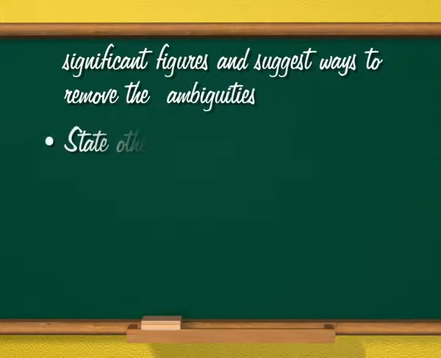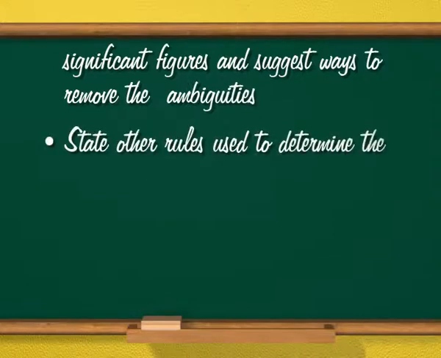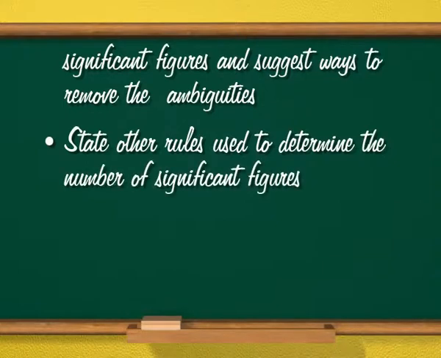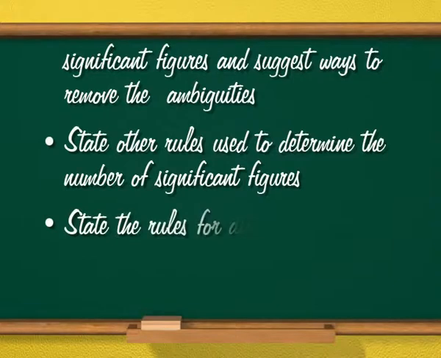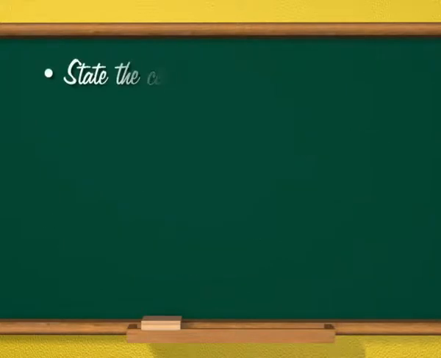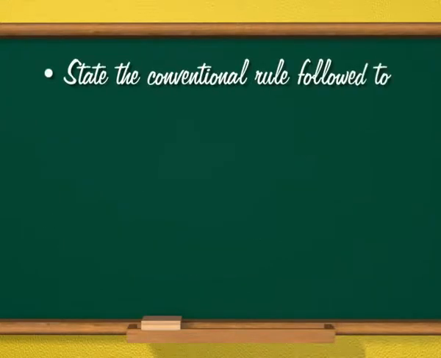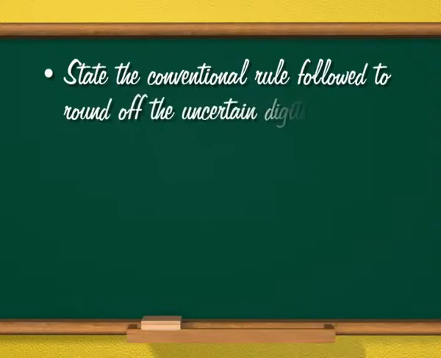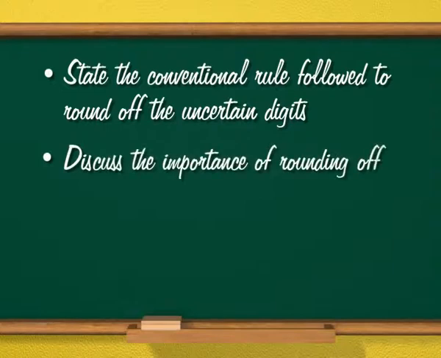State other rules used to determine the number of significant figures. State the rules for arithmetic operations with significant figures. State the conventional rule followed to round off the uncertain digits. Discuss the importance of rounding off digits.